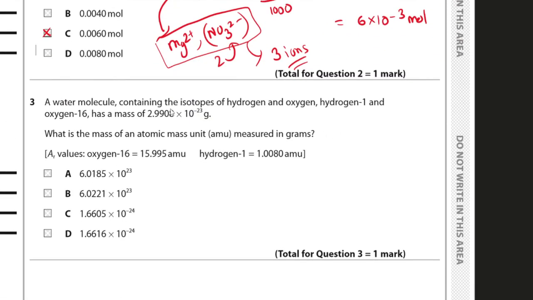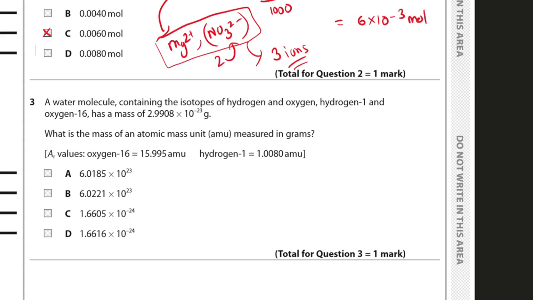Okay, the next question involves a water molecule containing the isotopes of hydrogen and oxygen. Hydrogen 1, oxygen 16 has a mass of 2.9908 times 10 to the power minus 23 gram, they say. Now, according to this question, what is the mass of an atomic mass unit measured in grams?